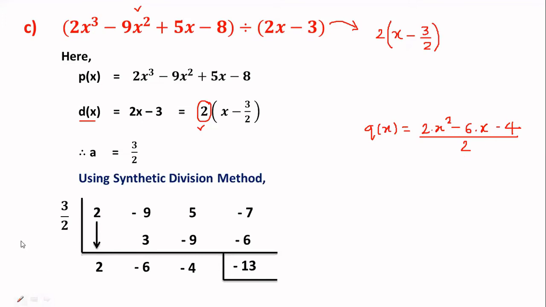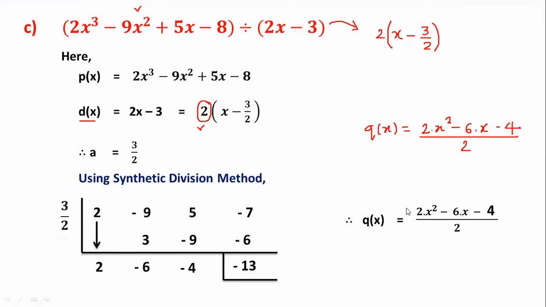So by taking the same idea, now our quotient qx will be like this. And now as you can see, on the numerator of this qx we can take out 2 common, isn't it? So when we take out 2 common, x squared minus 3x minus 2 will be remaining.